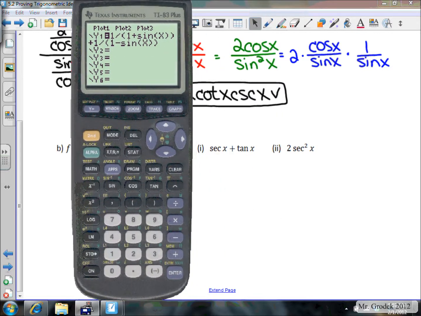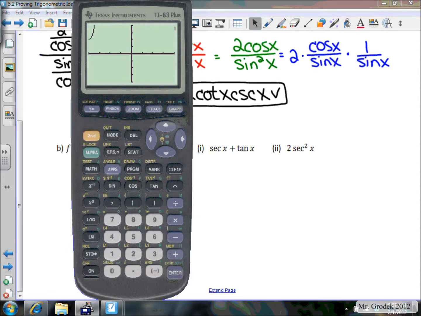Let's see which one it's going to be. Secant is really 1 divided by cosine of x plus tangent of x. Make it bold so we can tell if it's going to match or not.